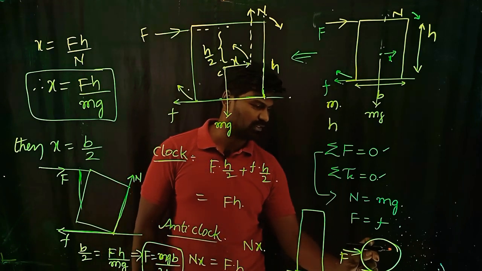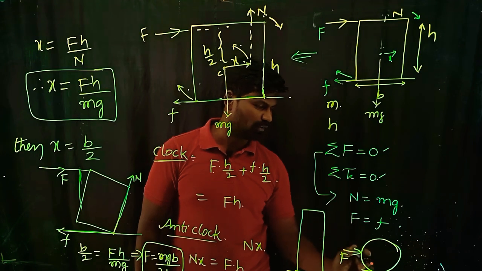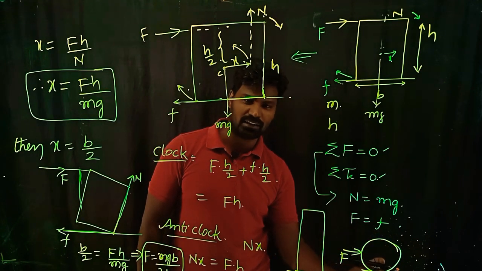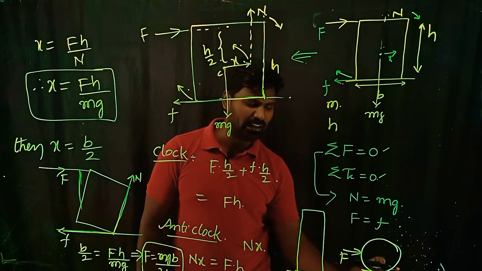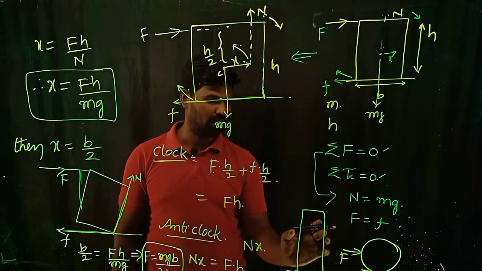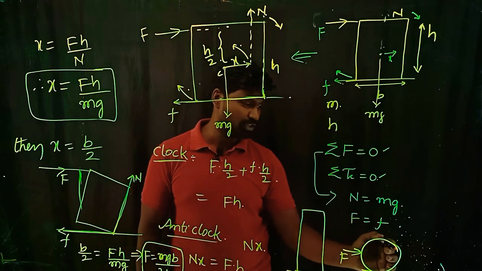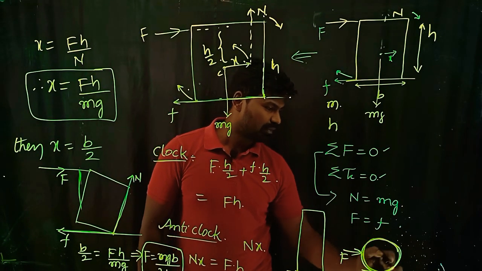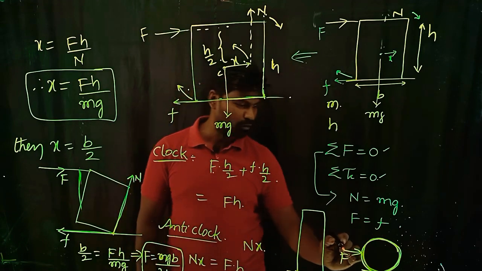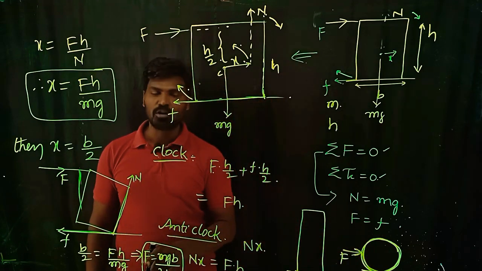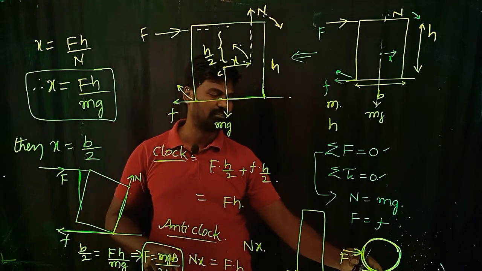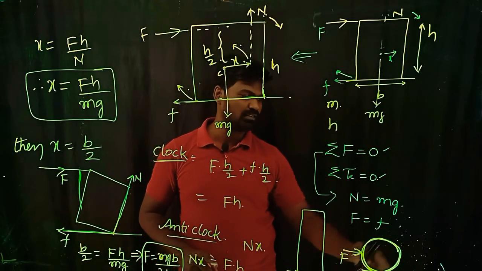In the case of the circle, the length of the object in contact with the ground is very less when compared with the block. Am I right? Because of which, when you apply a force to a body of circular form, it has more tendency to topple, because the length of the body in contact with the surface is very less.